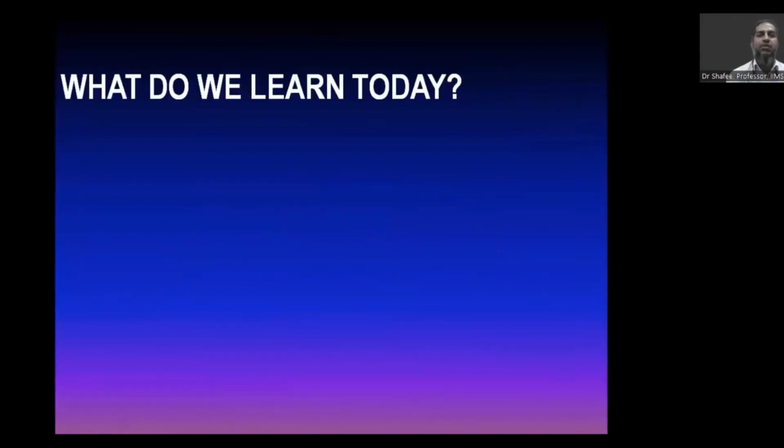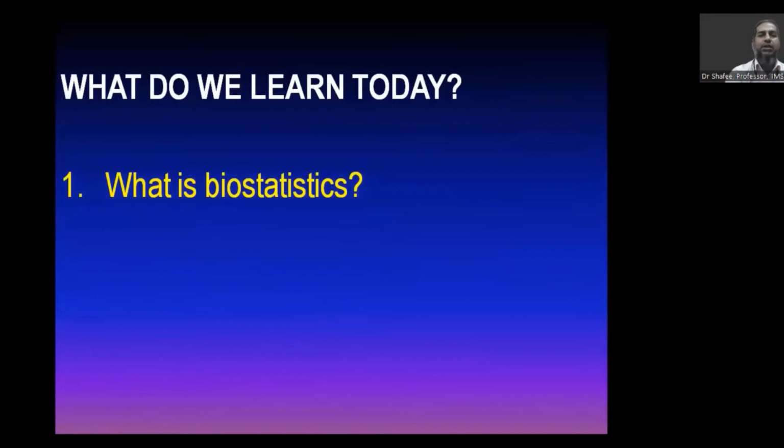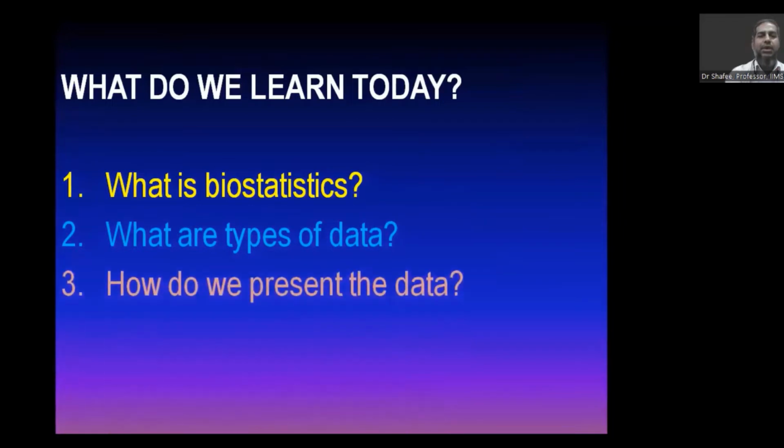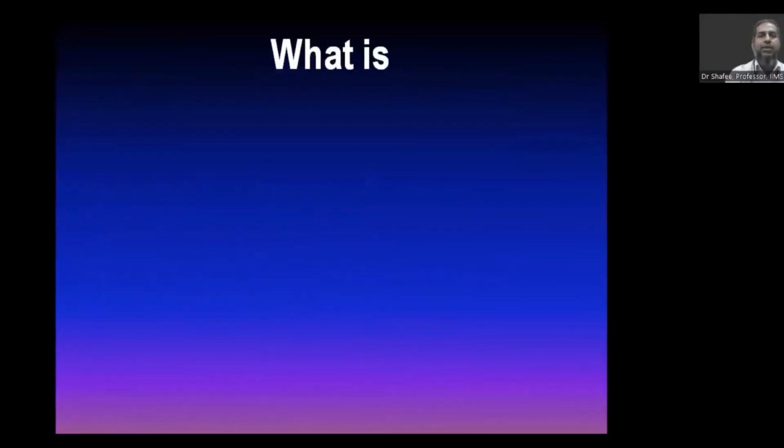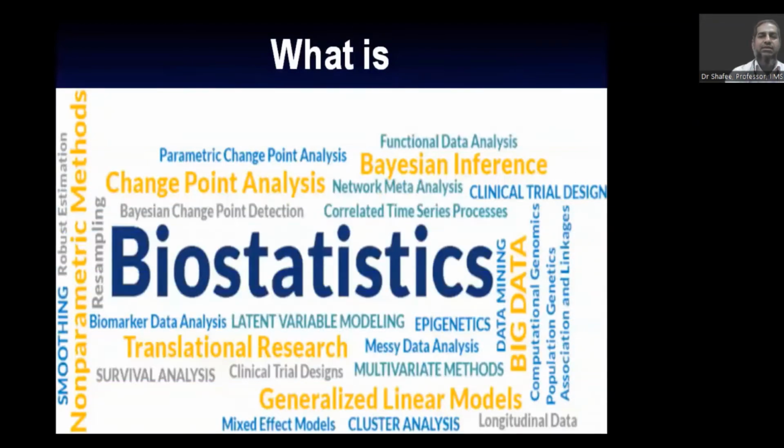So in this video, what we are going to learn today. So we will learn what is biostatistics, what are the types of data, and how do we present the data. So what is biostatistics? What do you understand by biostatistics? So there are two terminologies. One is bio and second is statistics.